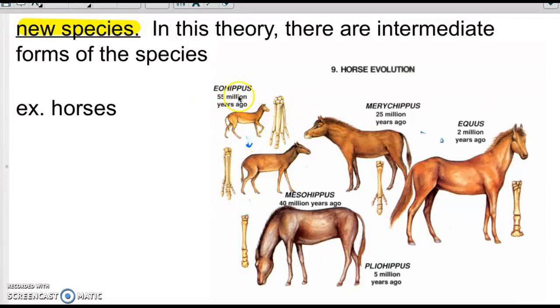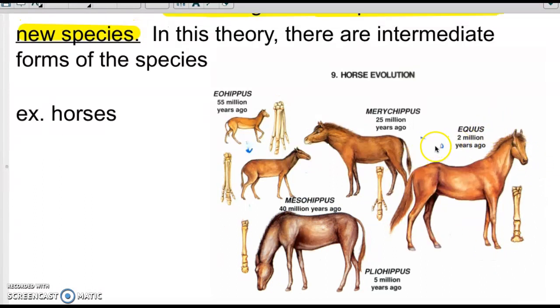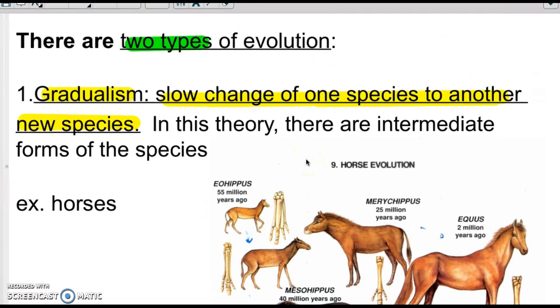Here is 5 million years ago, fossil evidence that we have collected from bones of horses. And then this is what 2 million years ago the horse looked like. You can see just based off of the skeletons and their feet just how different they have changed. But that's a long period of time. 55 million years ago is a long period of time to show this organism changing over time.